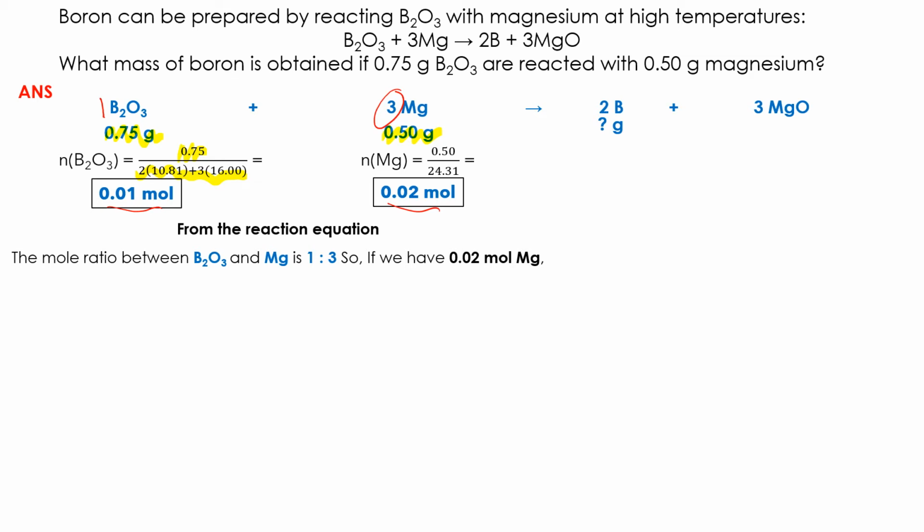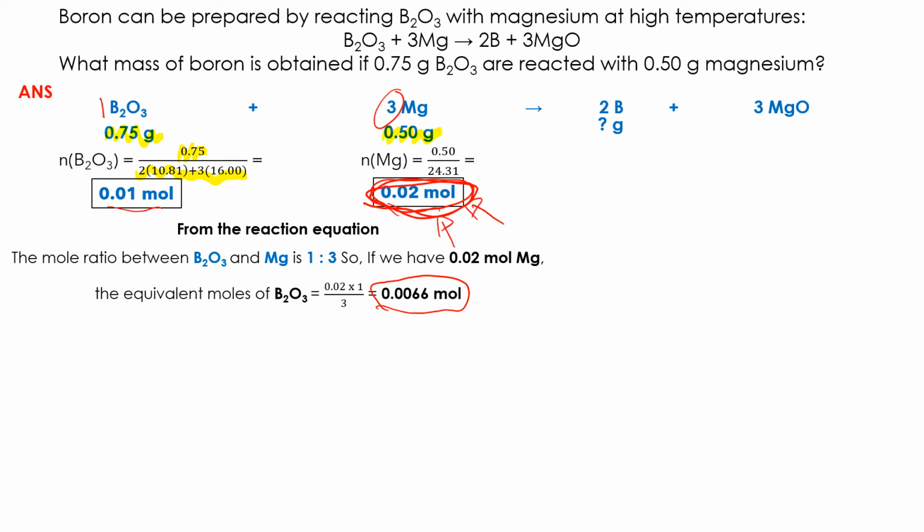Let's check from this side first. If we use 0.02 mole magnesium, the equivalent moles of B2O3 is 0.0066. If we used the given about magnesium, we should need 0.0066 moles of B2O3.